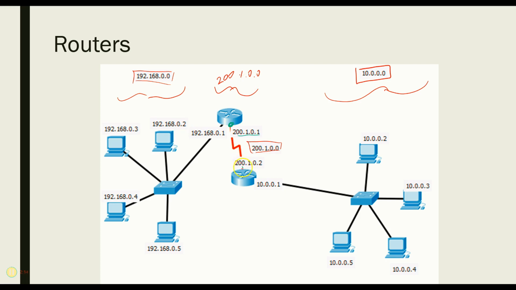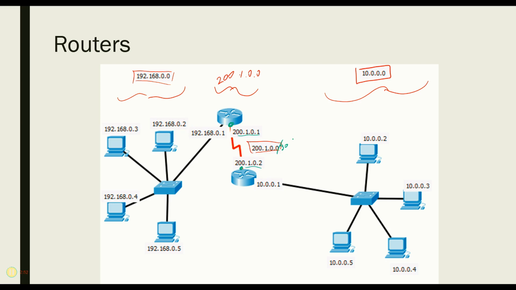And then this interface down here has an IP address, 200.1.0.2. We don't have any devices on this network because it's a WAN link, a wide area network link. Anyway, these 2 addresses exist on this network. And by the way, if you remember from your CIS 179 course, you might recognize that this would probably be a /30 here, but we won't go into that in much detail here.